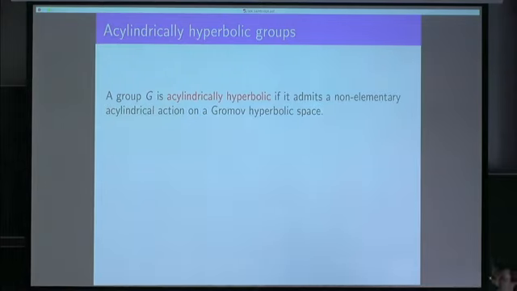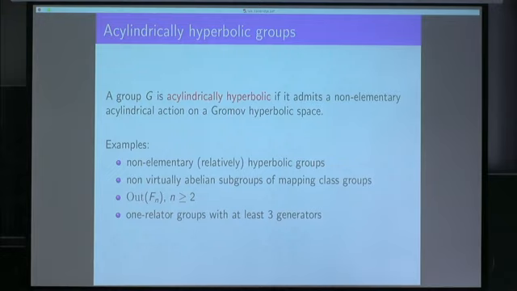This result has been generalized in many directions. Let me just go to the end of the story, so far at least. A group is acylindrically hyperbolic, this is a definition due to Dennis Osin, I guess, if it admits a non-elementary acylindrical action on a Gromov hyperbolic space. I'm not interested in the very definition of this class of groups.